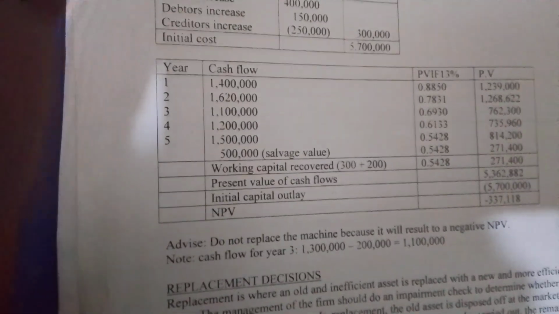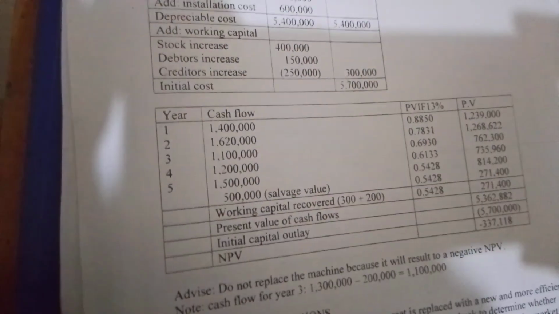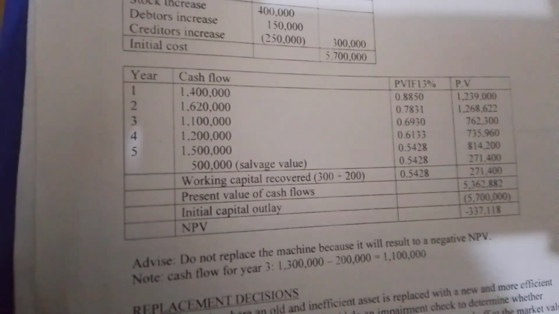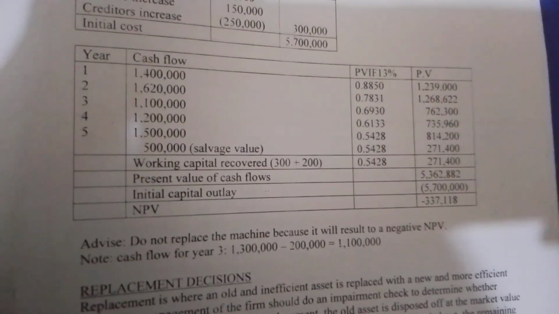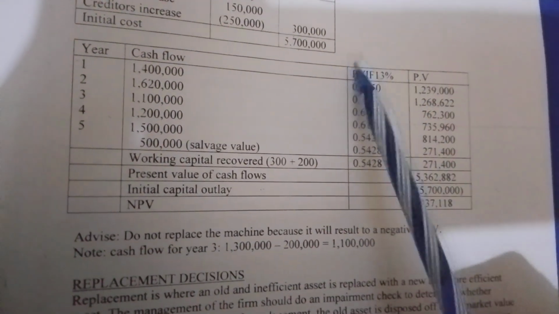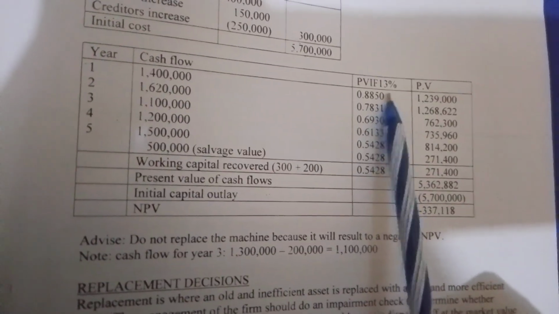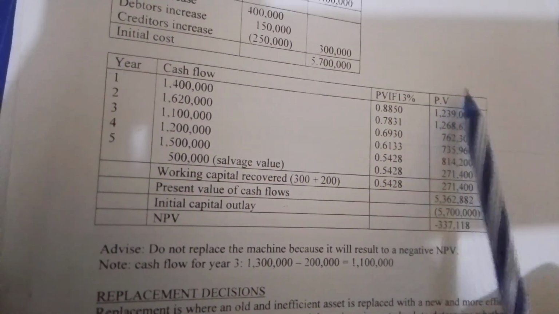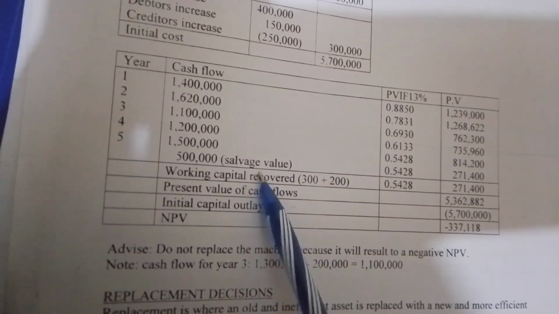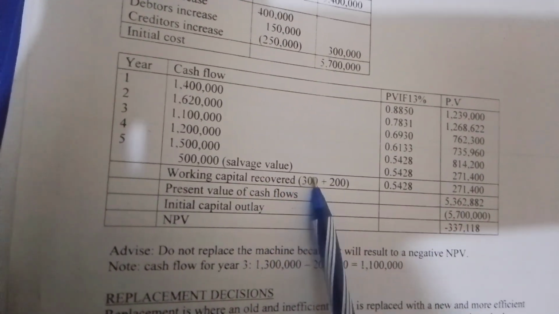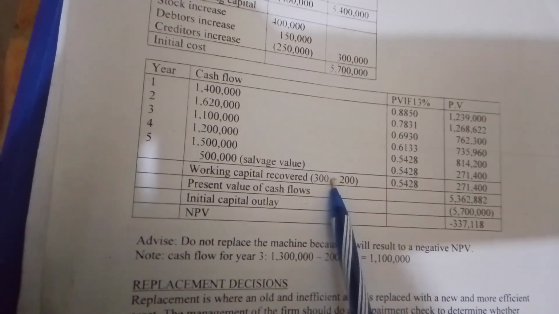Now, once you have that column for present value interest factors, the next thing is to get present values. You just multiply these cash flows by the present value interest factors. These are the present values now. Then finally, remember there is working capital recovered, and the present value of the working capital recovered.